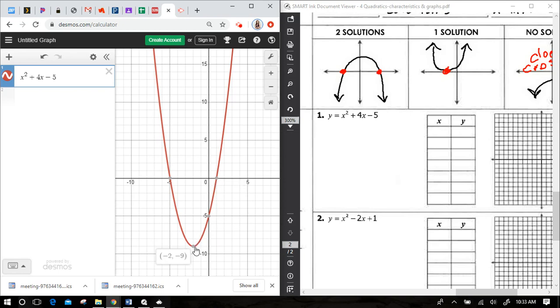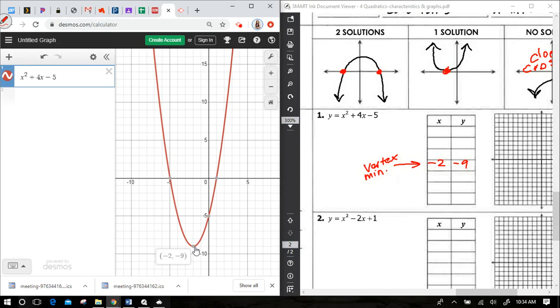So here is what I'm looking at. The -2, -9 is my vertex. And in this parabola, the vertex is a minimum.